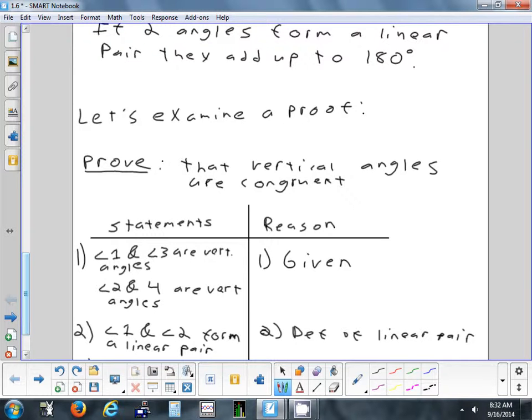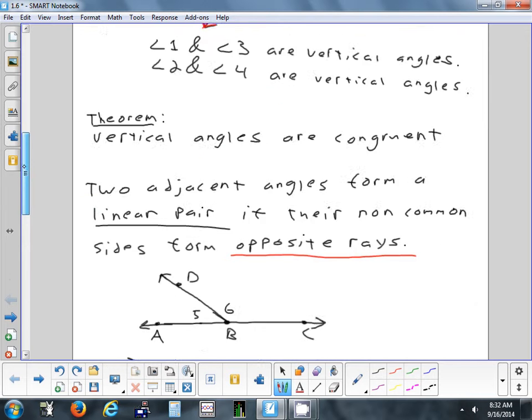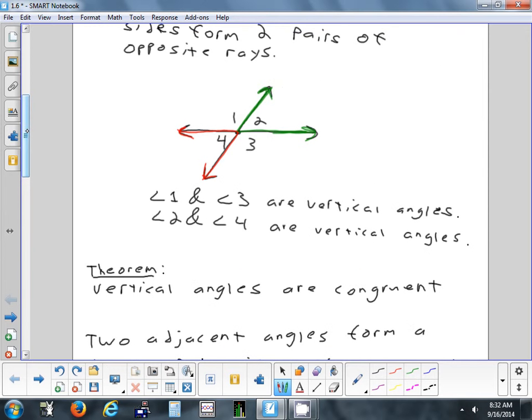The next step says angles 1 and 2 form a linear pair. Now that's not given to me. I've already said everything that was given to me in step 1. How do I know 1 and 2 form a linear pair? Well, I look at the diagram, and I can see that angles 1 and 2 have a common side, and their non-common sides form opposite rays.